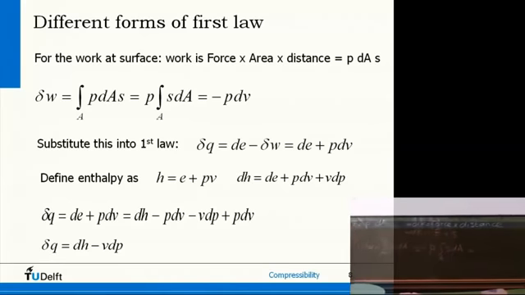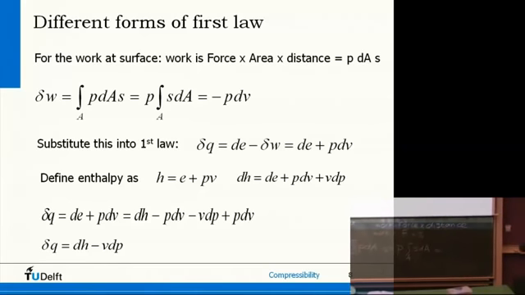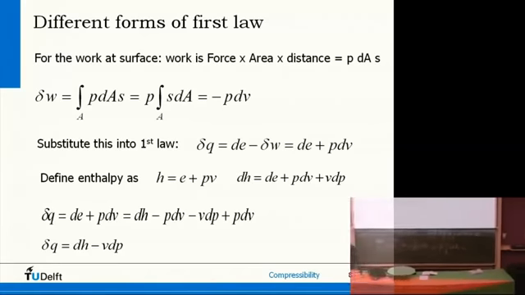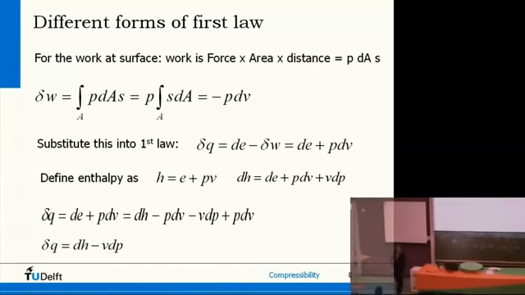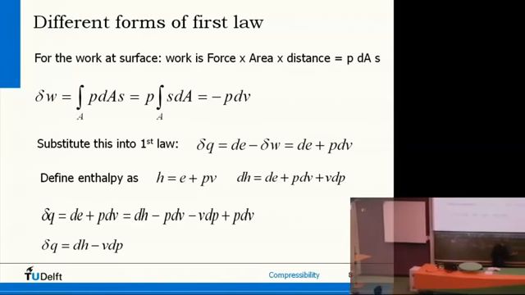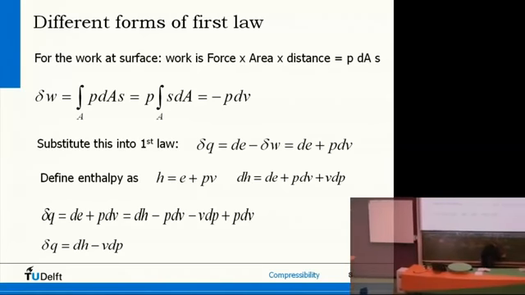So we're integrating now s, so that's this distance, times area. So that's actually the volume, right? The volume displaced by the pressure. So this is distance times area, so volume.